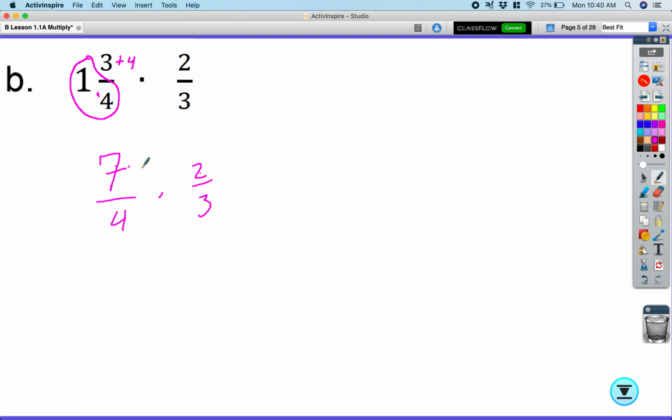I then look at my diagonals, and I look at this 7, I look at this 3, they can't reduce, but then I look at this 2, and I look at this 4, and those can reduce. So 2 divided by 2 is 1, 4 divided by 2 is 2, and I'm left with the fraction 7 over 2 times 1 over 3.